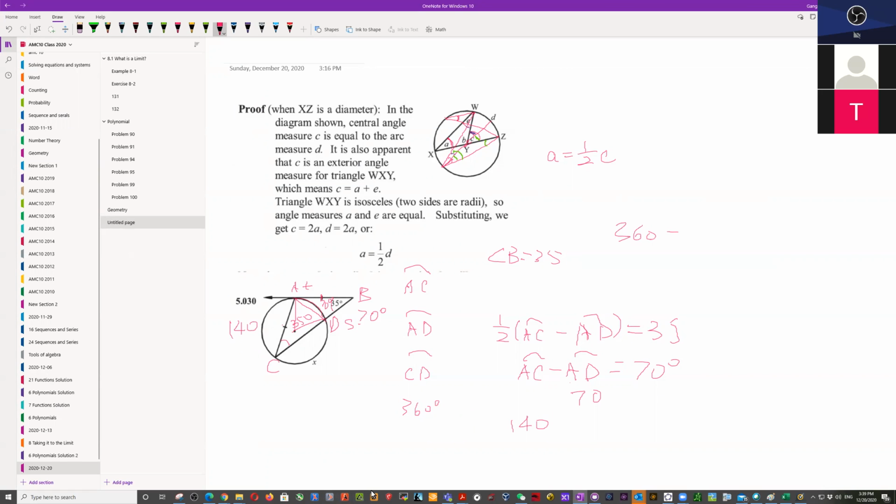So basically, those added together, 140 plus 70 equals 210. And so X is going to be equal to 150. So that's the measure of it.